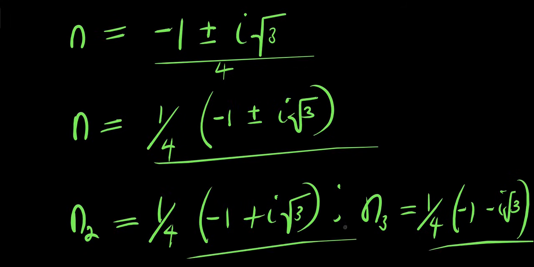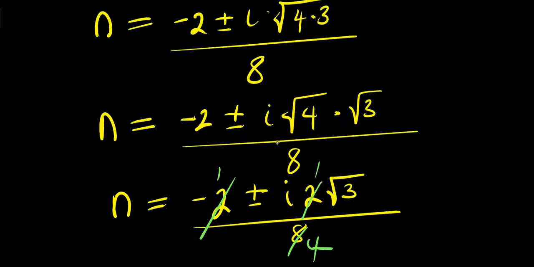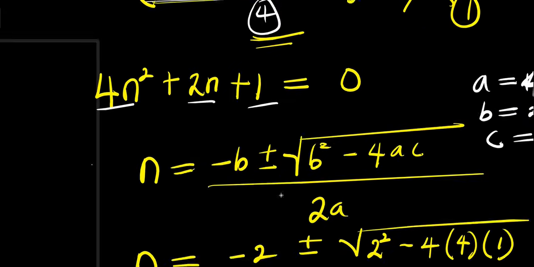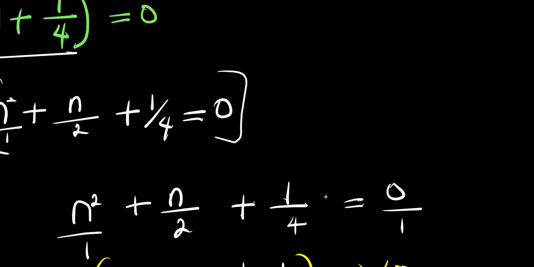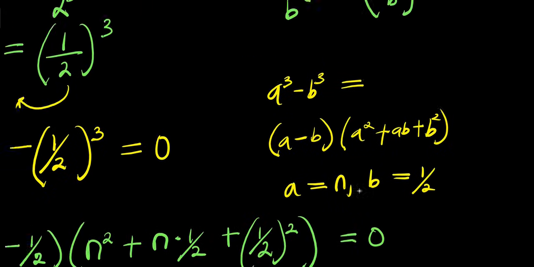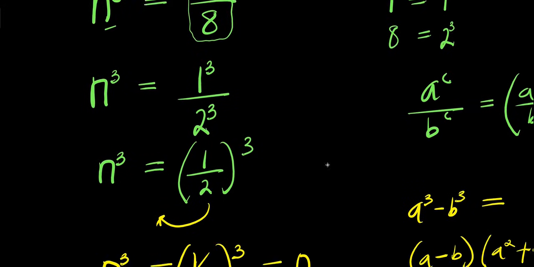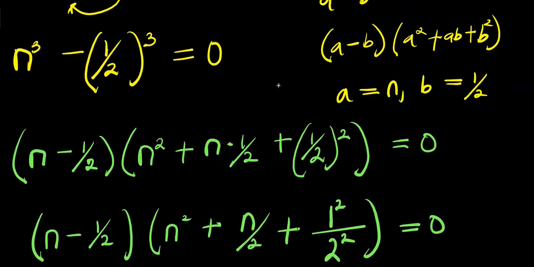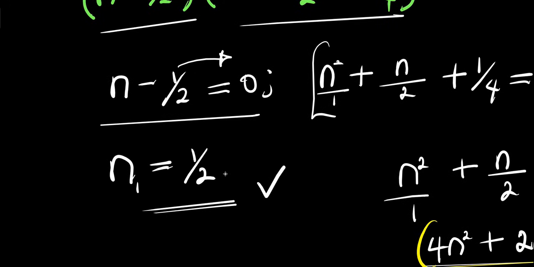So these are the two complex values for n. And we also have one real value for n, which is this: n equals 1/2. This one here.